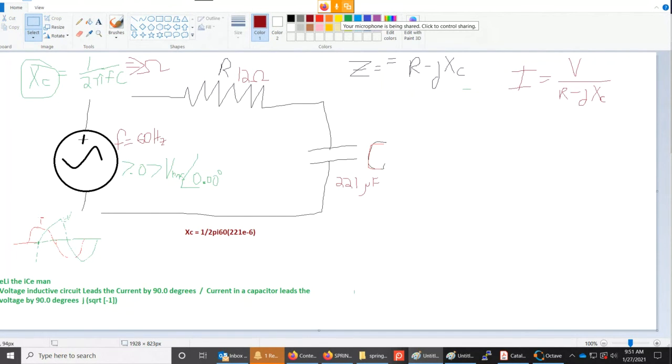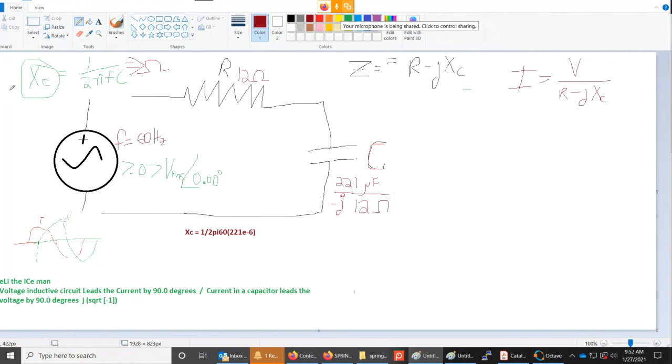If we calculate the current, now notice this is 12 ohms, and this here now is 12 ohms, but it has the angle in it, so it's minus j times 12 ohms, or 12.0 ohms.